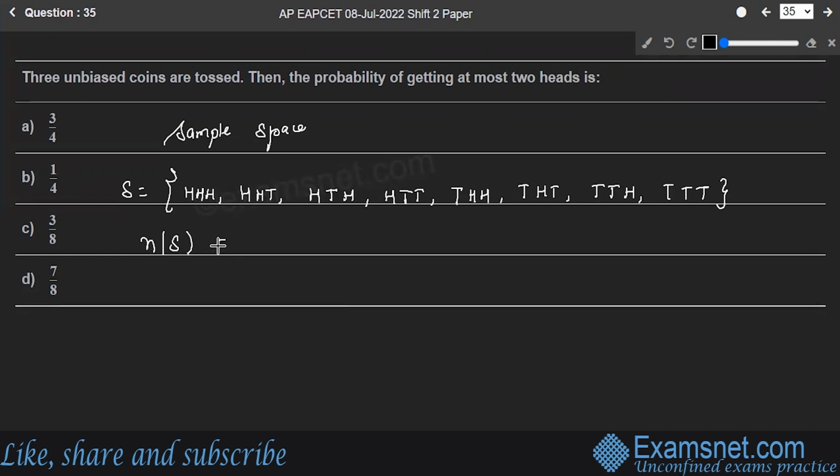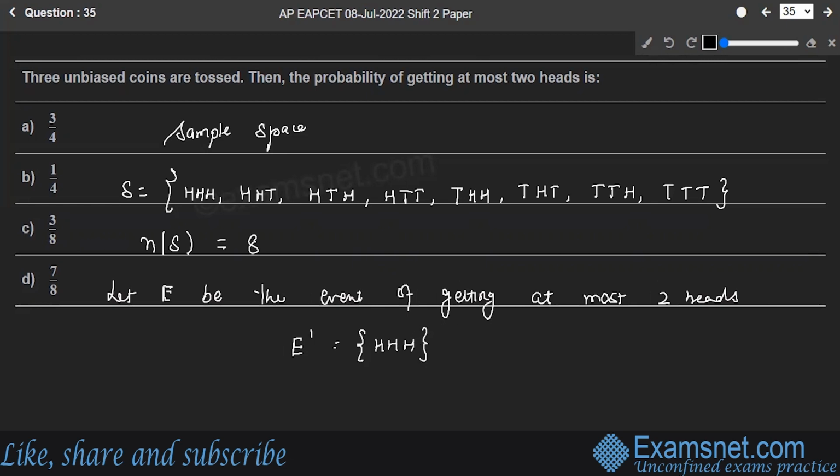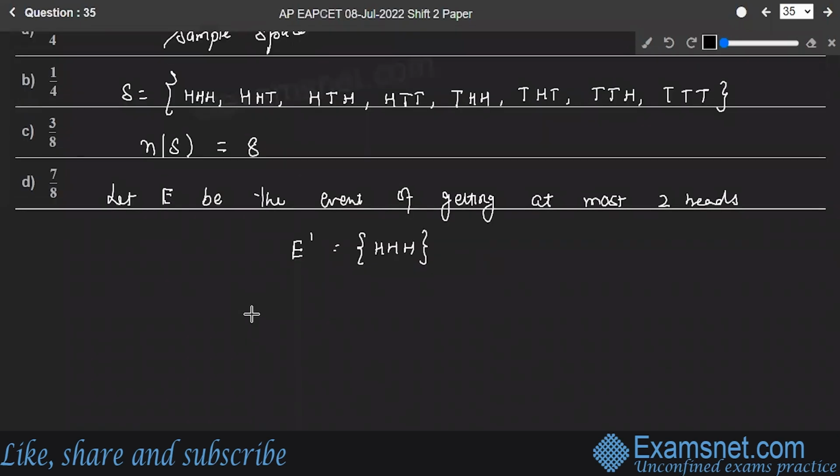Now, n of S, the number of these, is given by 8. Let E be the event of getting at most 2 heads. That means E dash is equal to H, H, H. Now, what does this mean?